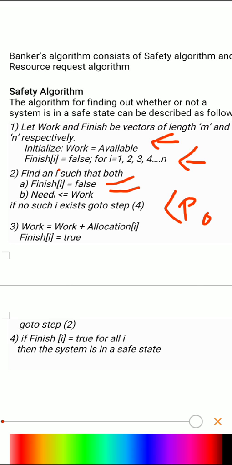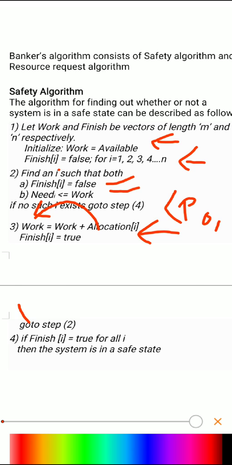Then we are going to find the second i. Before that, P0 is going to complete its execution, and whatever resources were allocated to process P0 will be given back to the available matrix, that is the work matrix, and we are going to make finish of process 0 true because process P0 has completed its task.